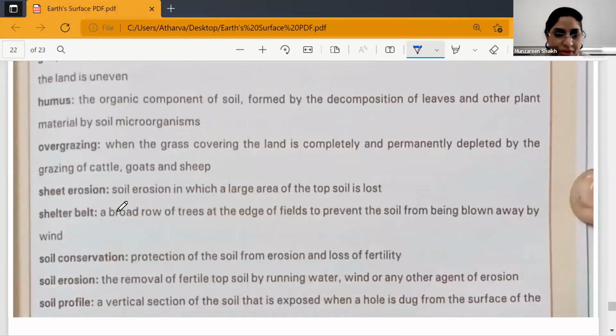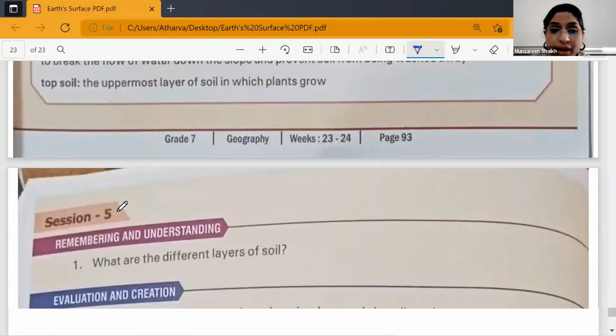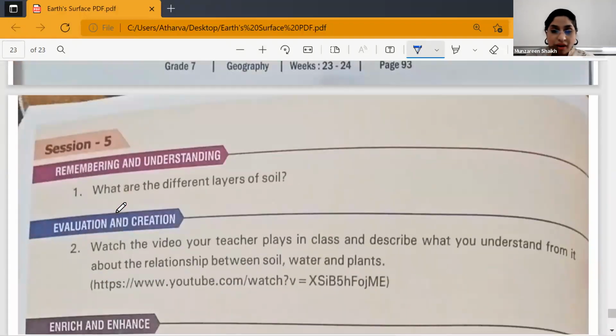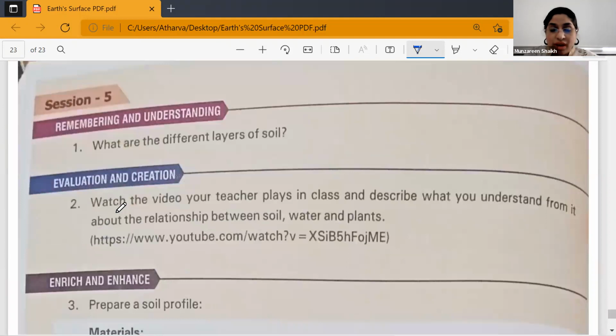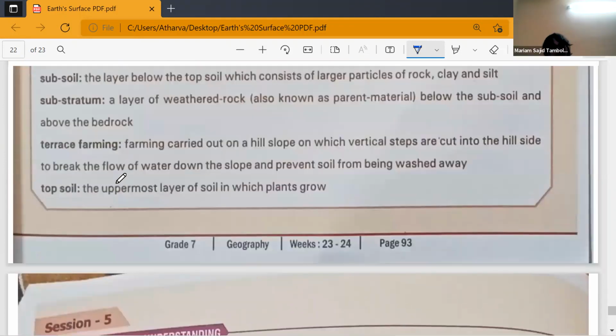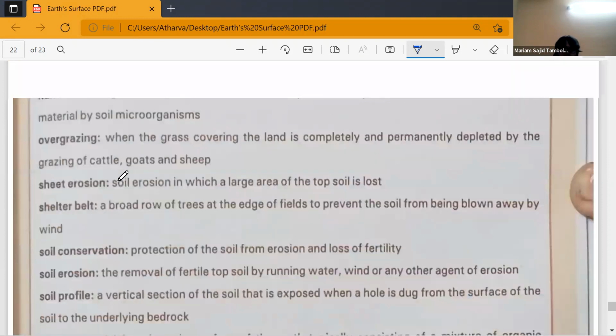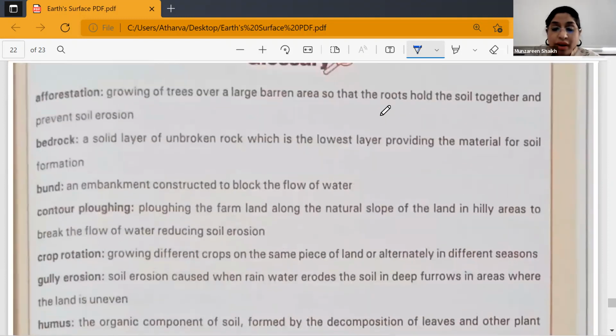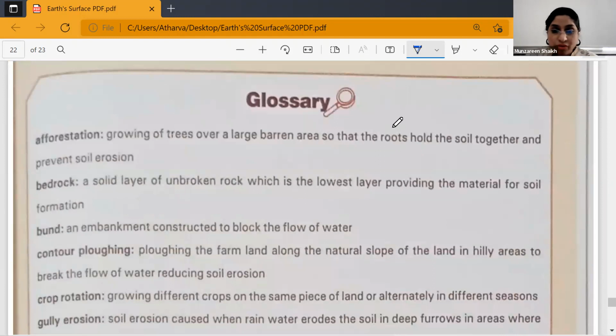We are done with the chapter. One more thing I keep telling you again and again: after every session, there are meanings and glossaries given. Please do not ignore that. This glossary is for the entire chapter, not just for this session. Please learn the glossary by heart.